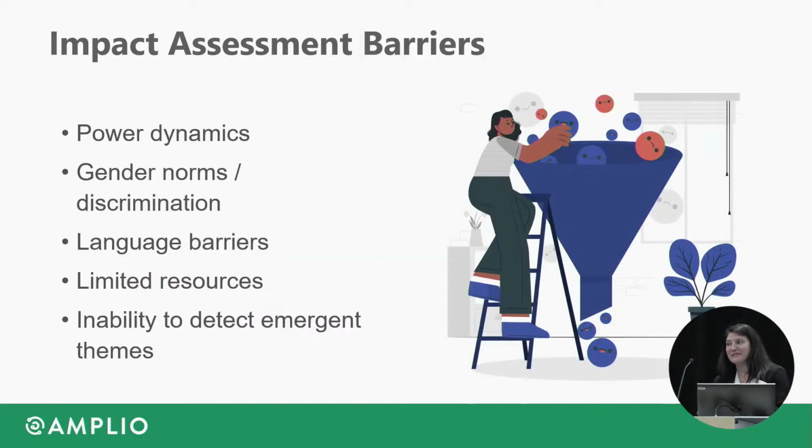So when it comes to designing impact assessments, as I'm sure everyone in this room is aware, there are barriers. And for this particular project, we decided to identify those barriers at the beginning and try to design the impact assessment to account for those barriers or counteract those barriers.